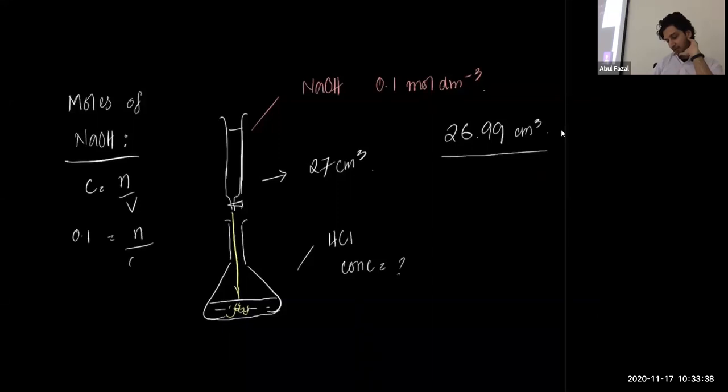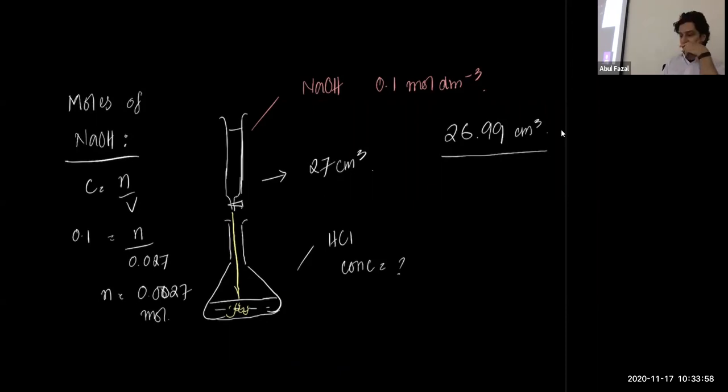V is 0.027. n comes out to be 0.0027 moles. This is the exact number of moles, with a very little margin of error, that went into the conical flask.